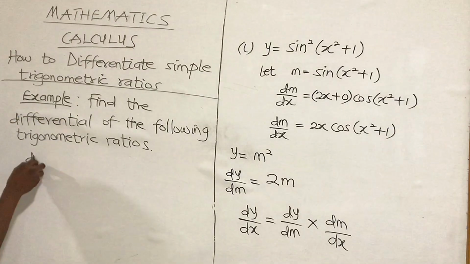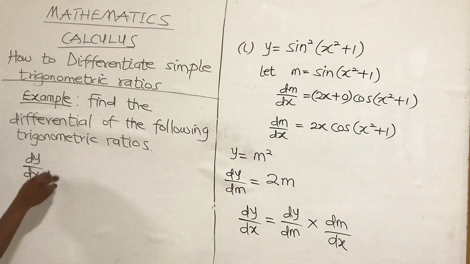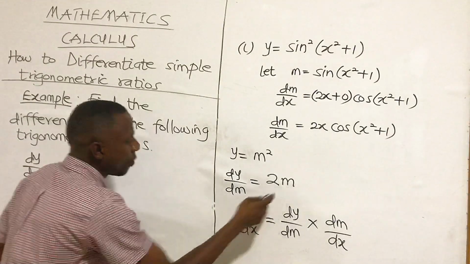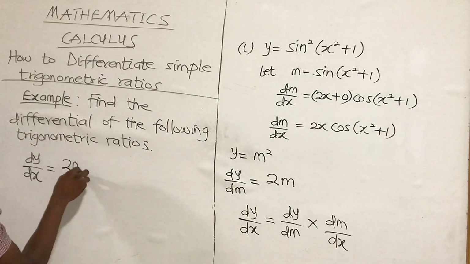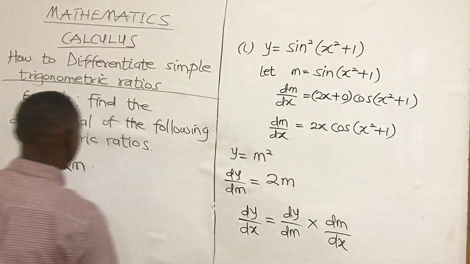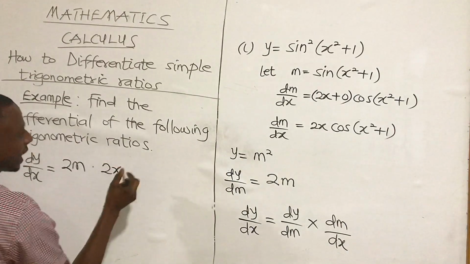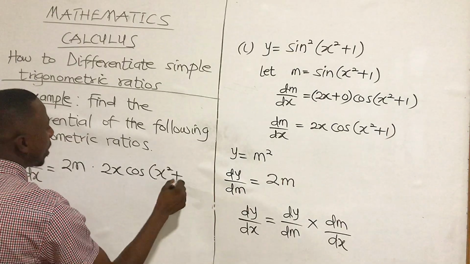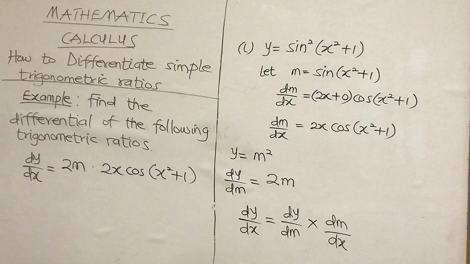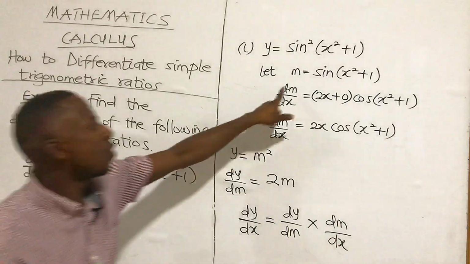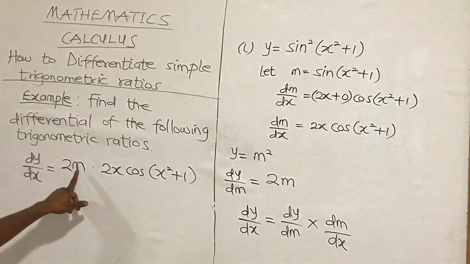So we have dy over dx to be dy over dm, we had 2m, multiplying dm over dx, we have 2x cos x squared plus 1. So now I am going to substitute the whole m here.